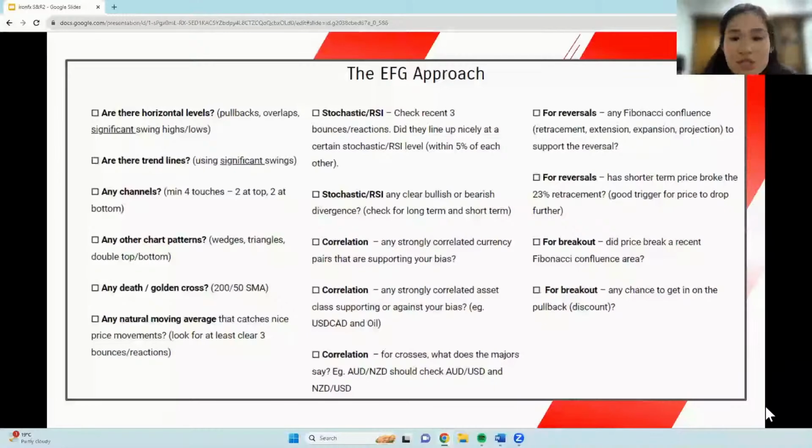It's just a list of things to look out for. You can find this checklist and other tutorials on the forexarmy.com website as well. Basically, this checklist tells you that if you combine multiple technical analysis methods, your analysis would be more accurate.